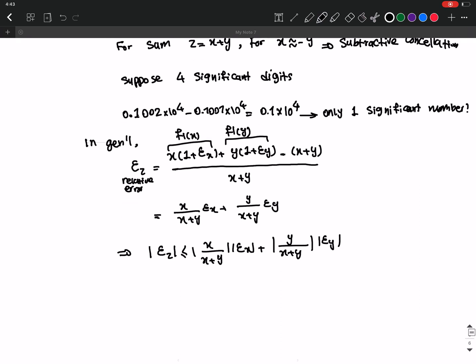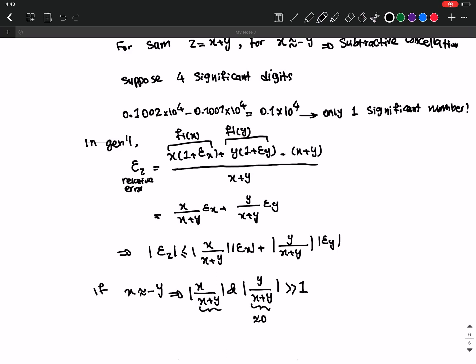So if x is around minus y, then the absolute value of x over x plus y, and y over x plus y, are going to be very, very large numbers compared to 1, because x plus y is going to be around 0.